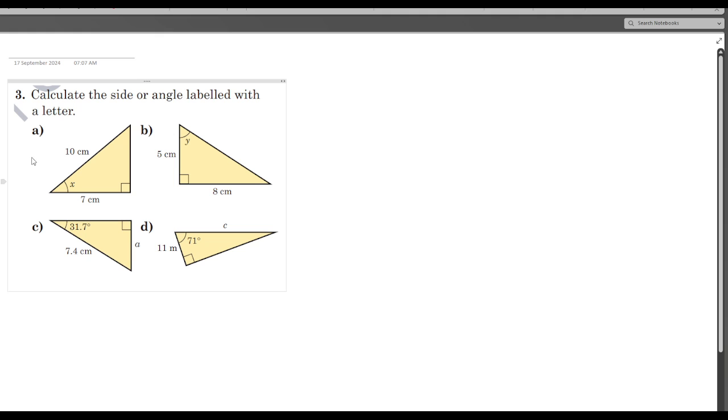Now third question. Here we have to calculate the side or the angle labeled with a letter. So the first question, A. Here, as in this right angle triangle, adjacent and hypotenuse are given, I will use cos x. So cos x is 7 divided by 10, which gives you the value of x as cos inverse 7 divided by 10.